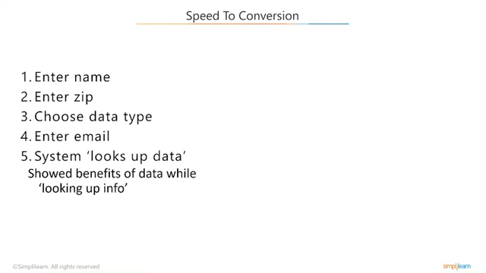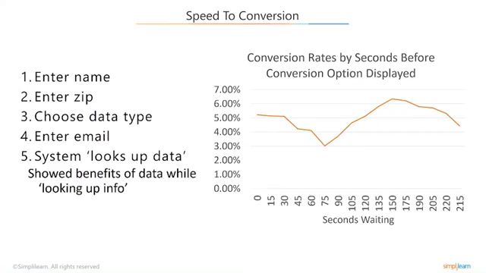Well, we get better conversions by appearing to work harder for the user. So they ran this test in 15-second increments from 0 seconds to 215 seconds. And it turns out around the 2.5-minute wait point was their best conversion rates.